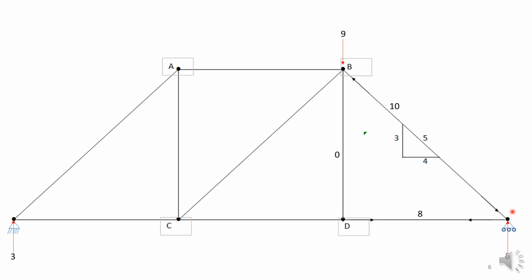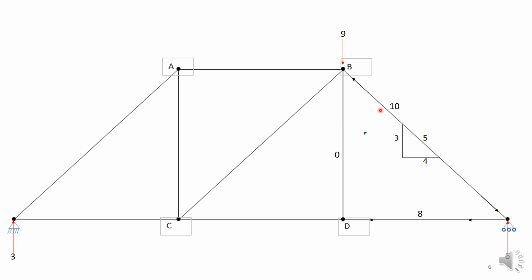For equilibrium at this right hand support, you have a horizontal member here, so this contributes 0 to the vertical direction, so the 6 has to be opposed purely by this sloping member.